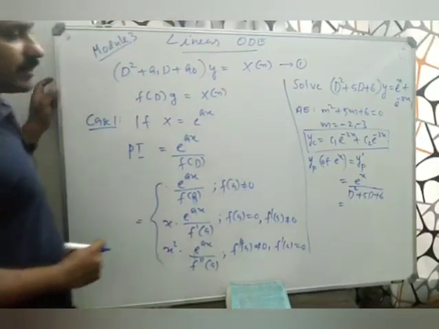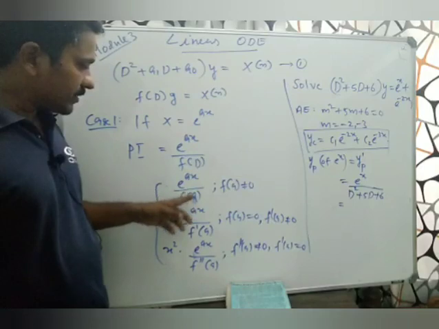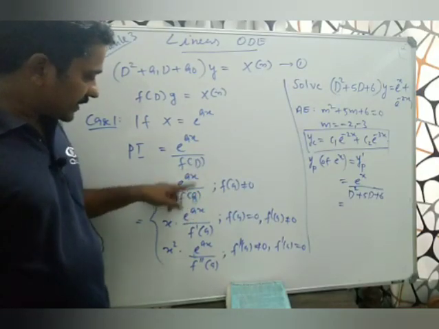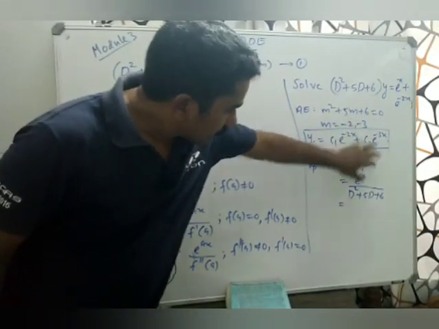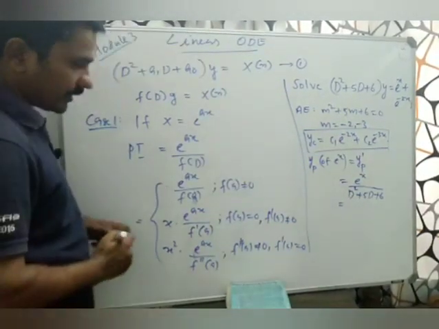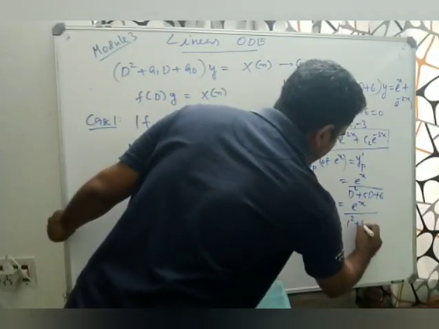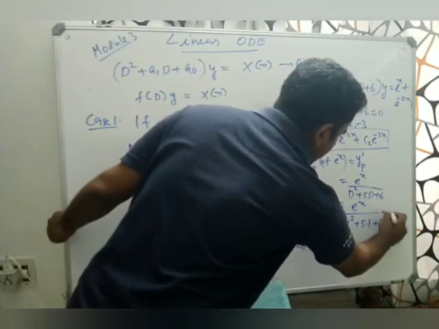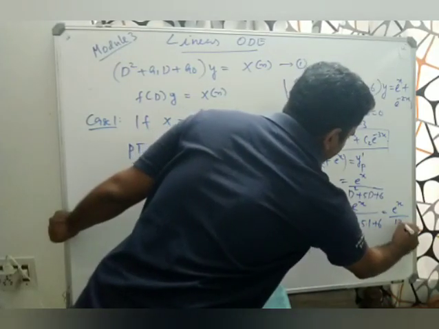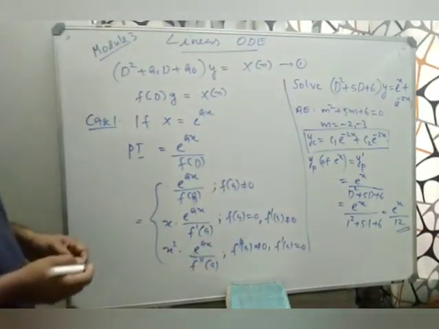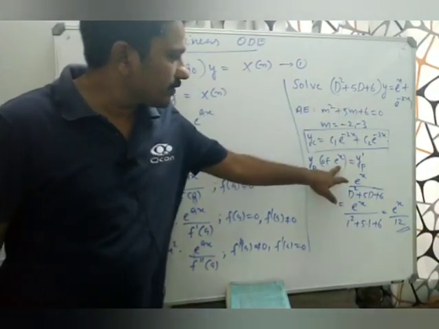What we are supposed to do is just replace D by a, where a is the coefficient of x. Here the coefficient of x is just 1. So substitute 1 for D and simplify: e to the power x by 1 squared plus 5 times 1 plus 6, and you will get e to the power x by 12. This is the particular integral corresponding to e to the power x.